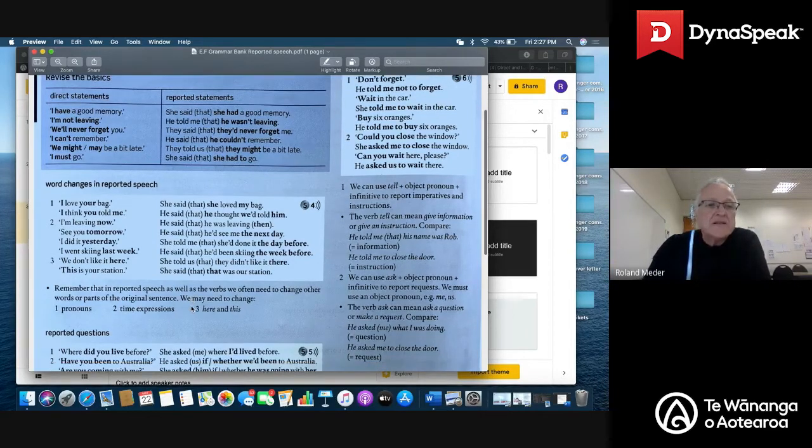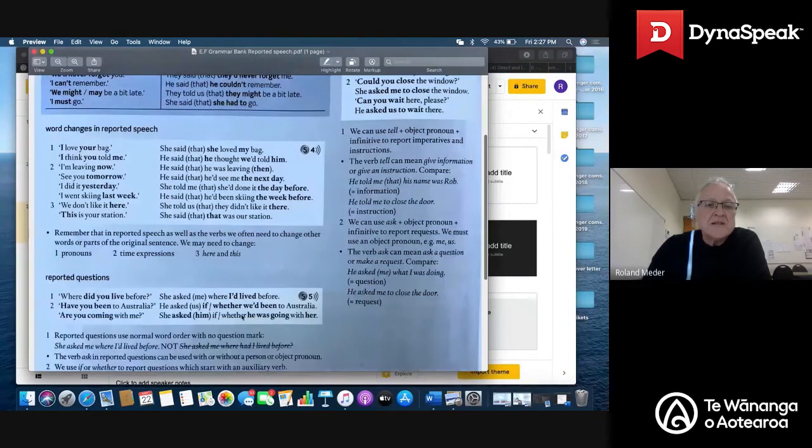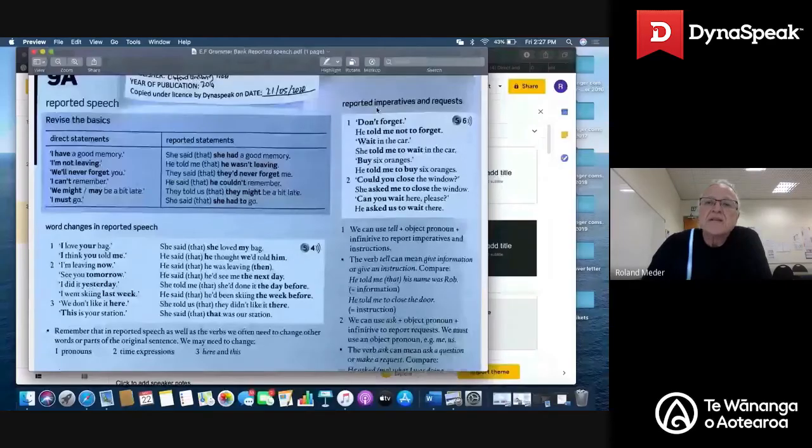Here they revise reported questions. Again, your teacher will probably go over that with you. And also when we're reporting imperatives, that an imperative is in order. Don't forget, right? He told me not to forget. Wait in the car.